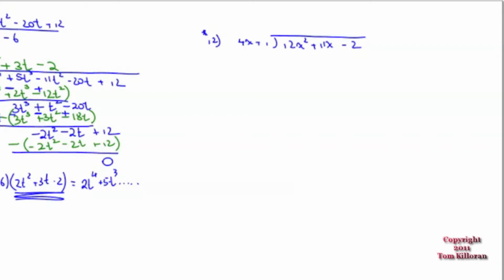The remainder is not 0. If you got 0, it's because you didn't do something right. The remainder is not 0. It's small. You just did something wrong.